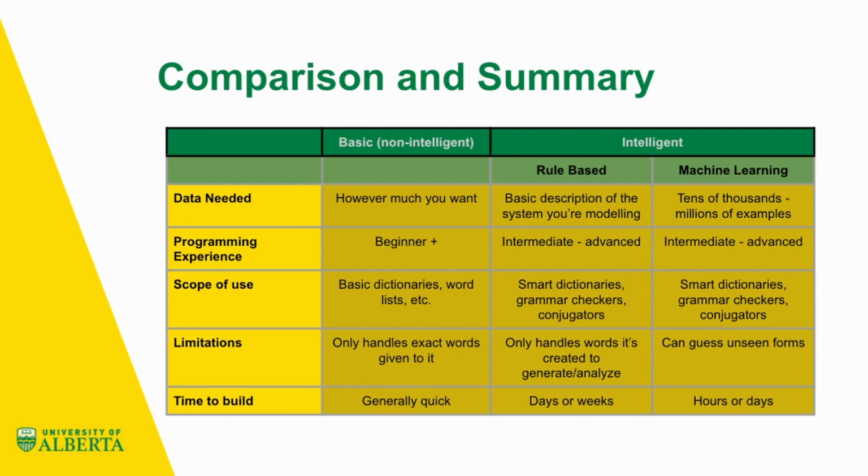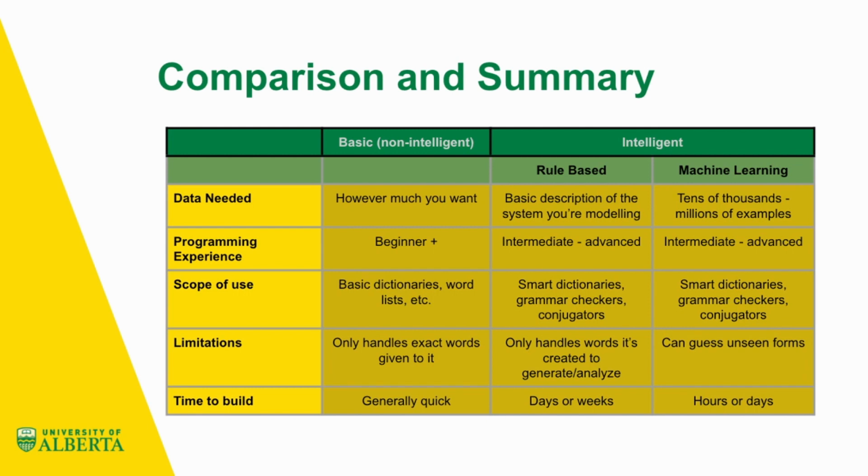In this one, you actually have to say this is dog plural. And times to build, they're generally pretty quick. Depending on exactly what you want to do, within a year you can make an entire website with tons and tons of resources.